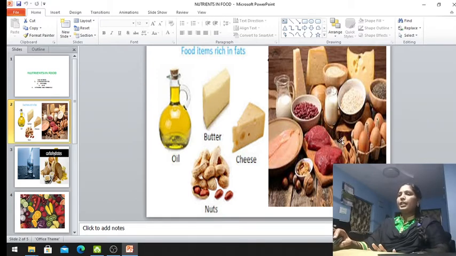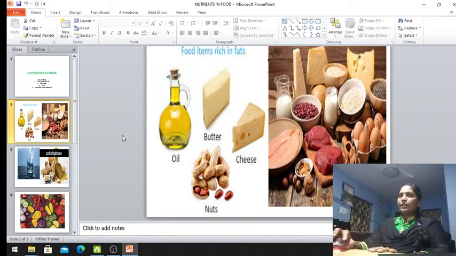So in your daily chart which you made in your activity, find out the protein foods. What are the protein foods you ate on this day? Write the subheading proteins and write the items you ate which contain proteins.